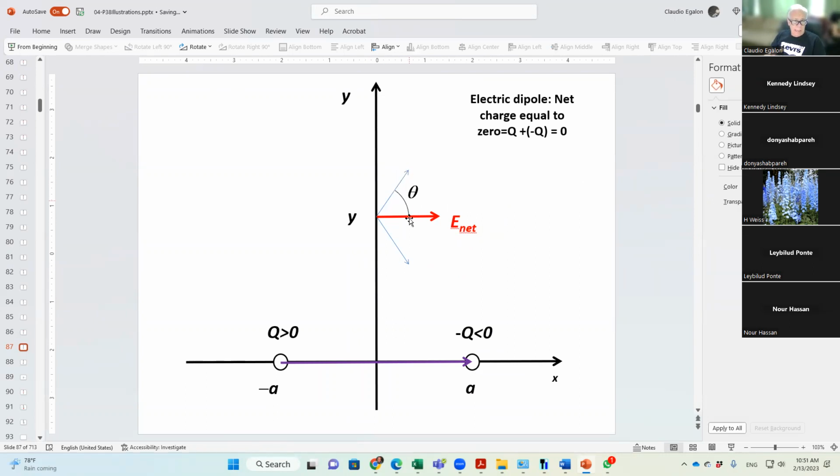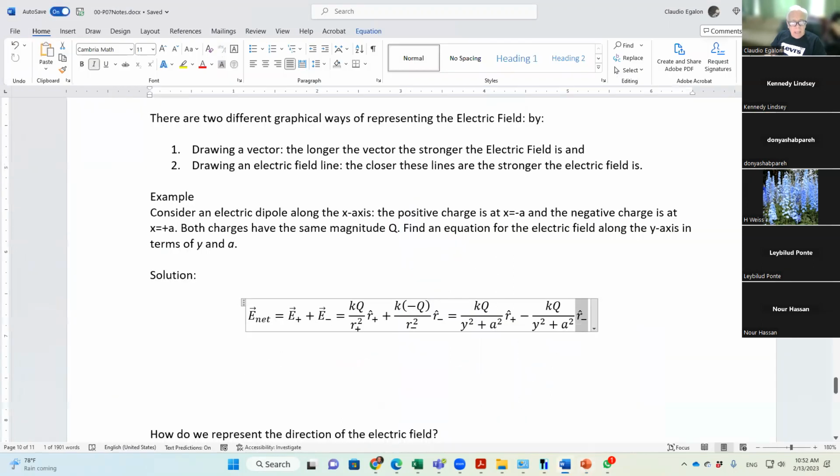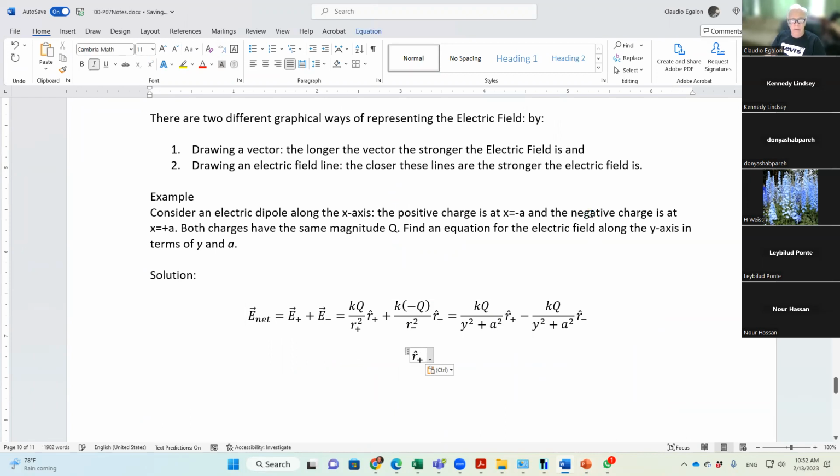So the x component of this electric field is going to be this arrow times sine of theta. But we want to write down the r hat plus in there. The r hat plus that we have right here, let's write that down separately so you can understand better.